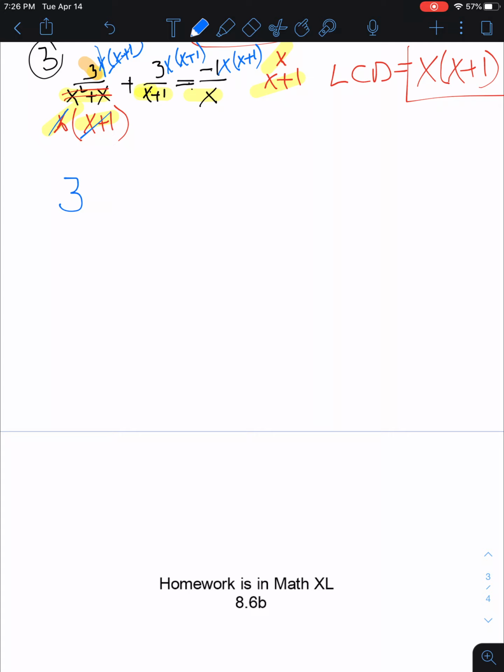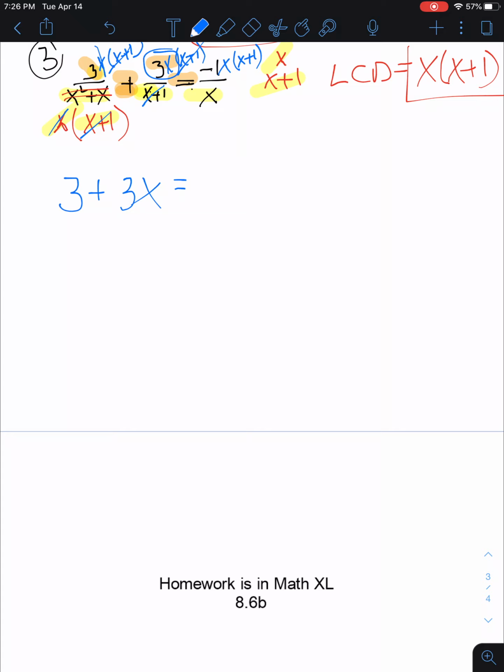That's it. For the second one, the x plus 1's cancel, and I'm left with 3x. Okay, so if I write that, that's plus 3x. Don't forget this plus sign here. Okay, equals.